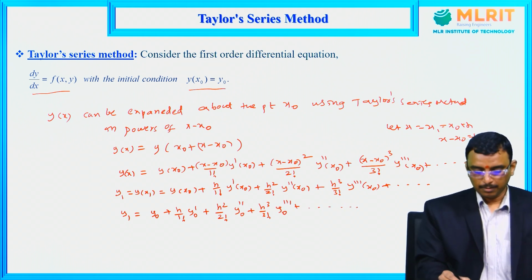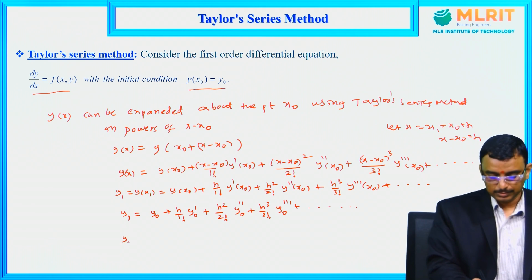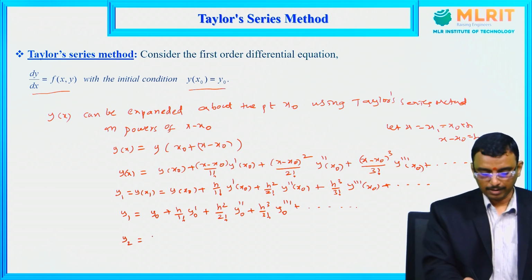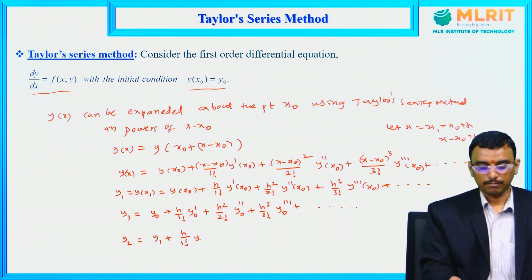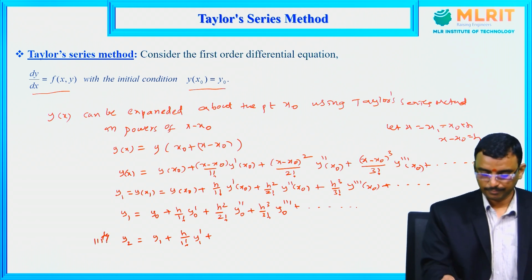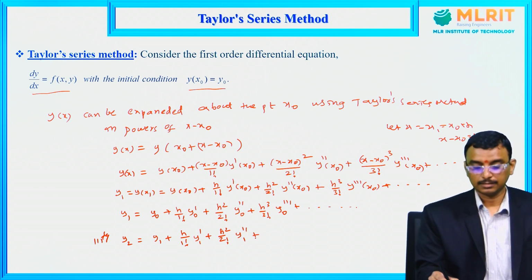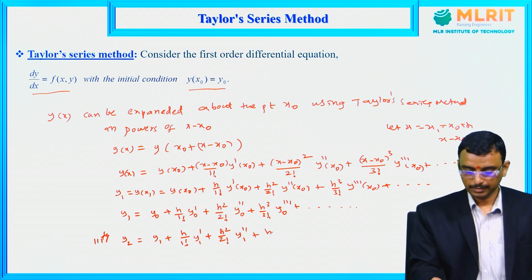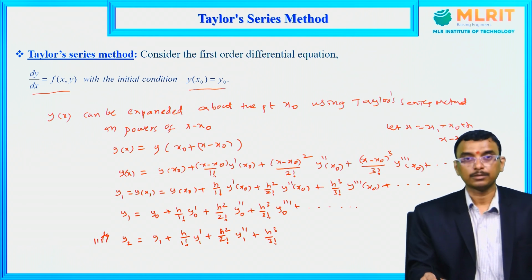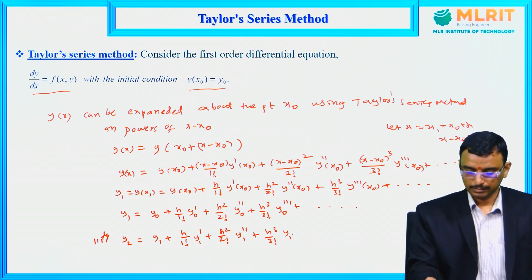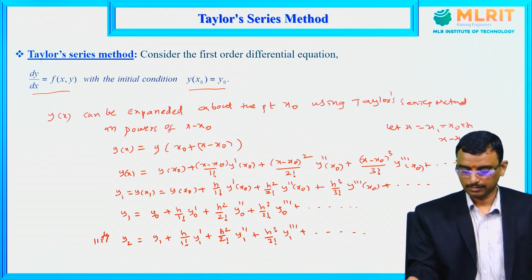Similarly we can write y2 is equal to y1 plus h by 1 factorial into y1 dash plus h square by 2 factorial into y1 double dash plus h cube by 3 factorial into y1 triple dash and so on.